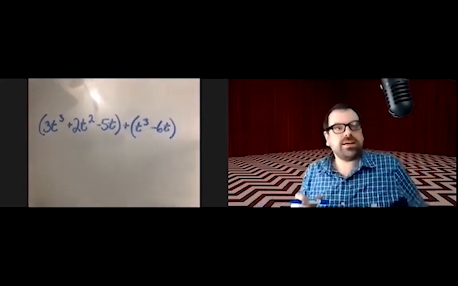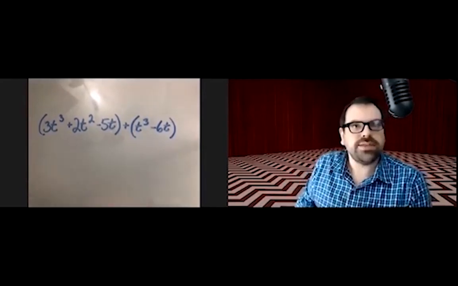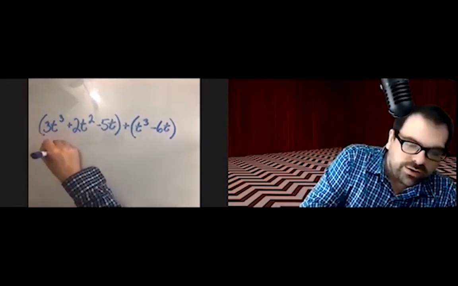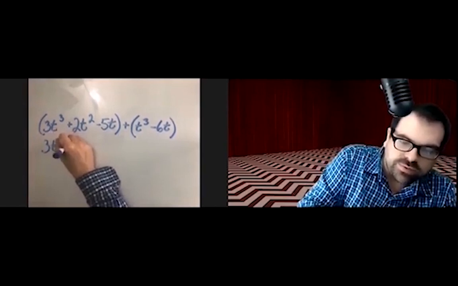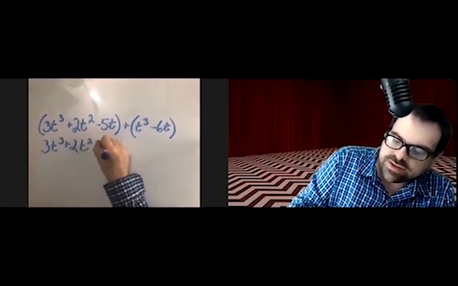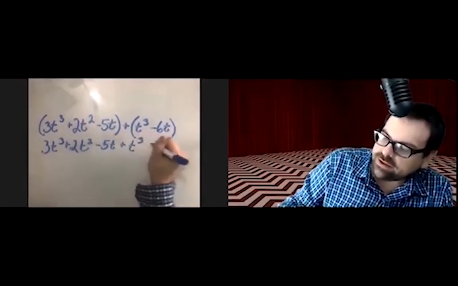Well, when we're adding, our rule is going to be we don't need the parentheses. So we'll rewrite it without the parentheses. That's our rule for adding. Just drop the parentheses altogether. Only for adding.